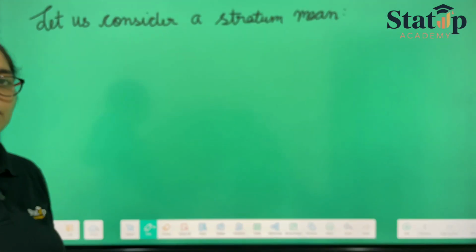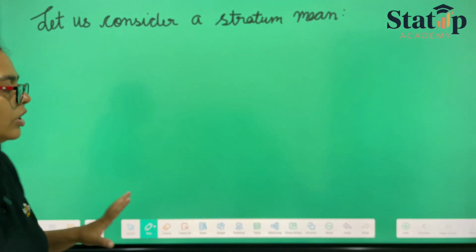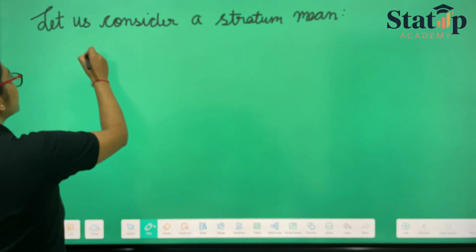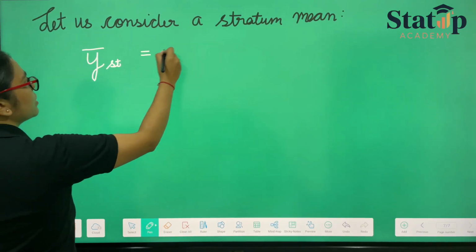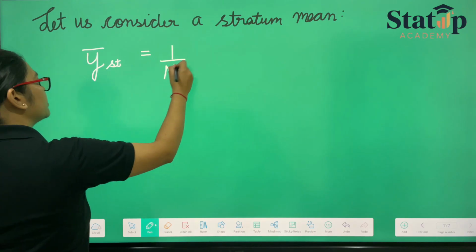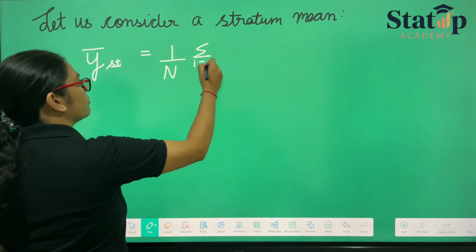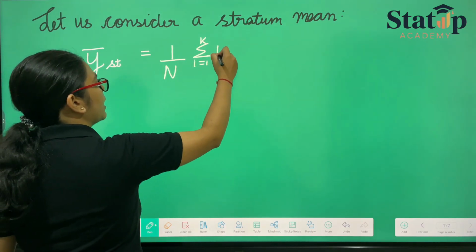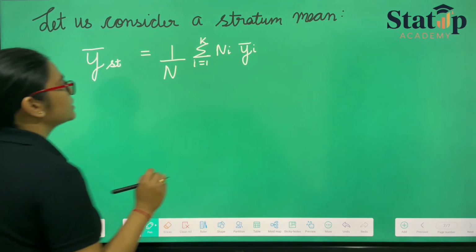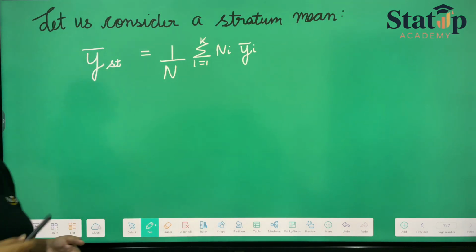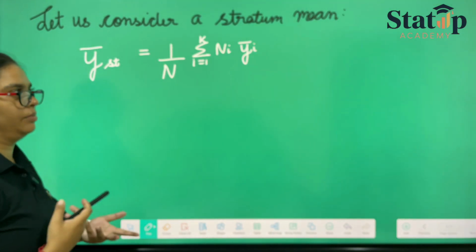Strata is the plural form of stratum. Stratum is one and strata is plural. So let us consider y bar st as 1 upon capital N summation i goes from 1 to k, n i y bar i. Let us consider this as the stratified mean or stratum mean.